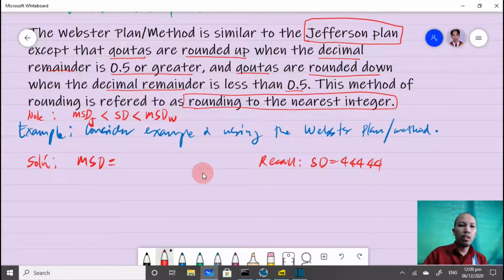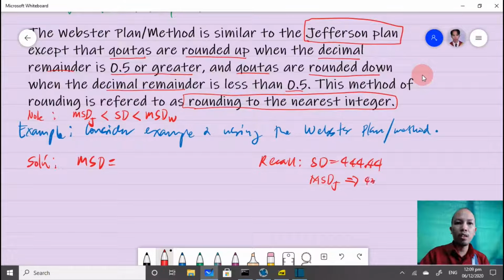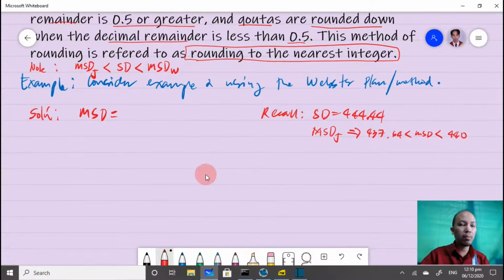And the modified standard divisor for the Jefferson plan is between 437.64 and 440. So please recall this one.